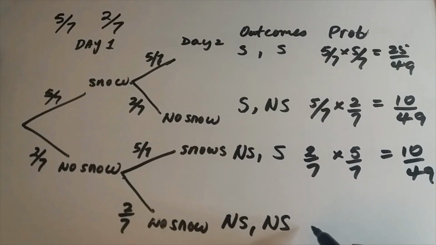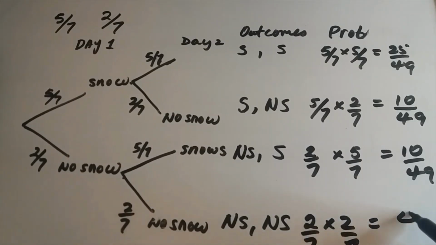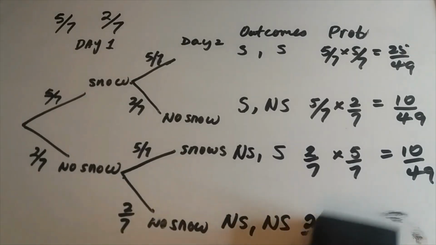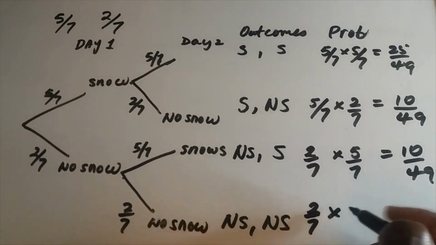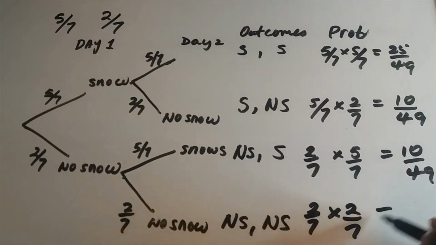And here we have no snow in both cases. So we have 2 over 7 times 2 over 7 is equal to 4 over 49. So we write 2 out of 7 times 2 out of 7 equal to 4 over 49.